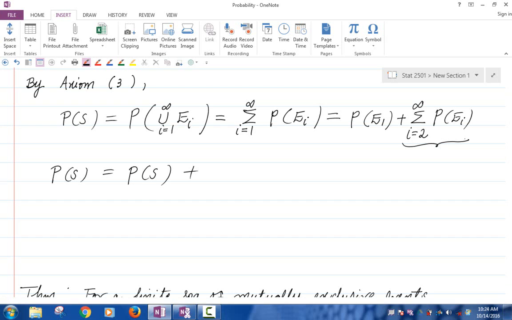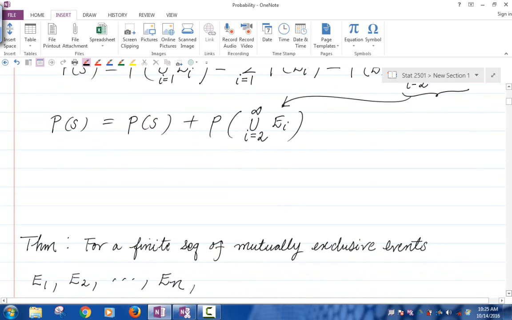So notice that the Ei are still mutually exclusive. So again, apply axiom number 3, but in the reverse direction. So I can say that this sum is the same as the probability of the union, i going from 2 to infinity of Ei. So this is where I applied the axiom in reverse.